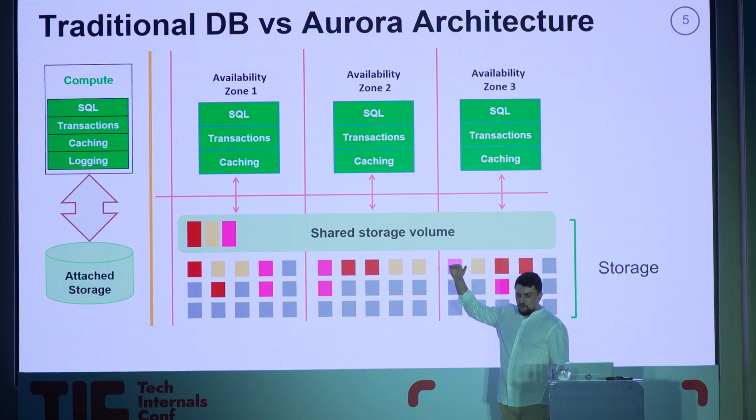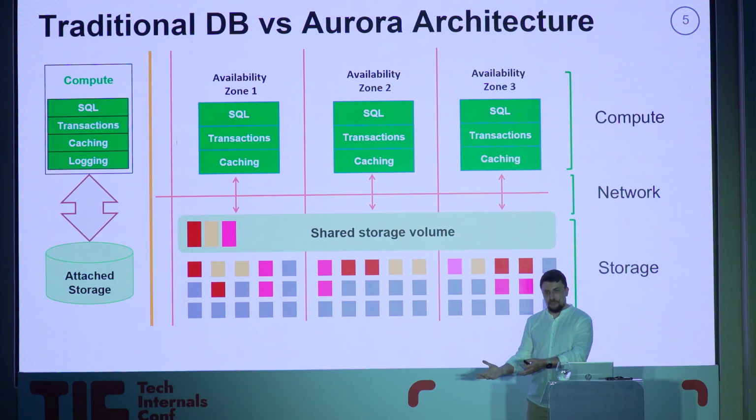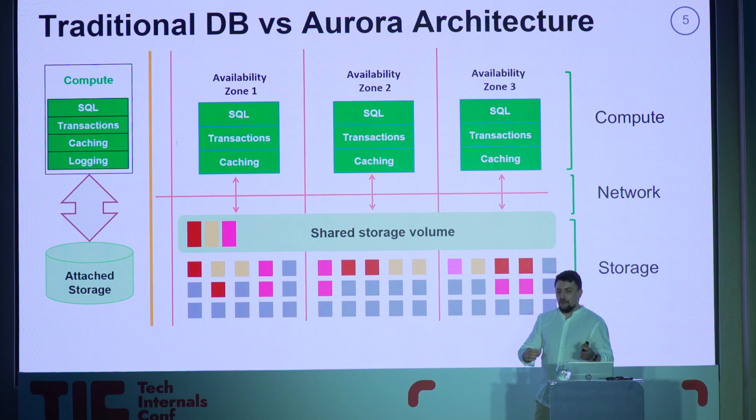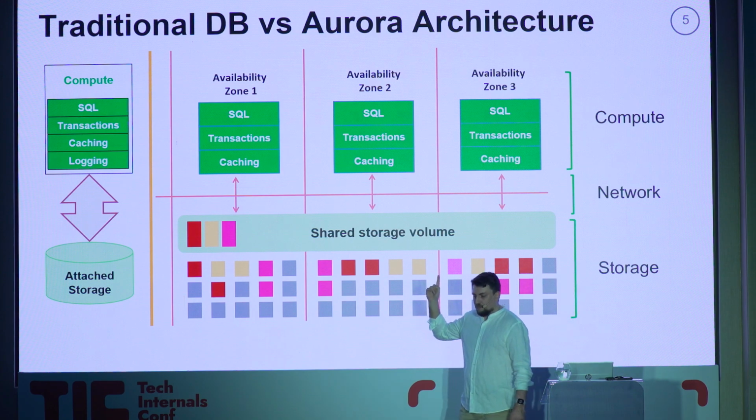And from the top, for sure, we have our backbone, our network, and the compute layer. The compute layer, as you can see, is also spread between 3 availability zones, and it's fully independent. So it means you can scale in different ways. For example, if you need more compute, you can run different types of virtual machines, EC2 instances, in different availability zones.